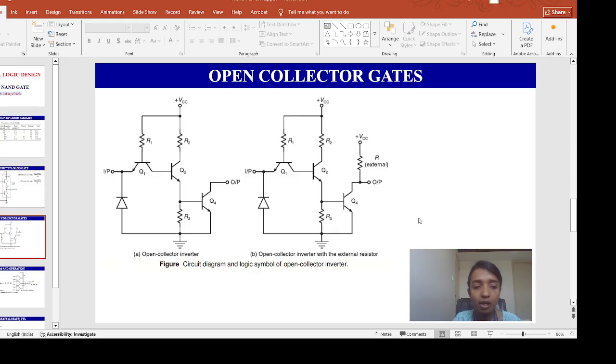So the charging time constant is low and the output rises fast. And the speed can be increased only a little bit if you choose a smaller resistance in this case. So for this reason, open collector circuits should not be used in applications where switching speed is a principal consideration.